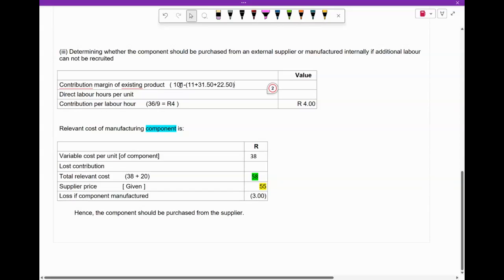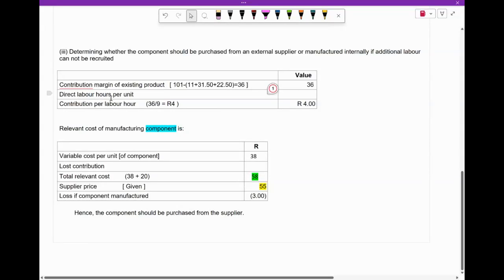So that's going to give you your total variable costs, and let's see what that gives us. So then you get 36. Okay, so that's our contribution margin.